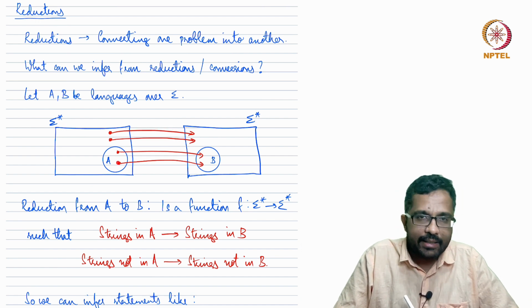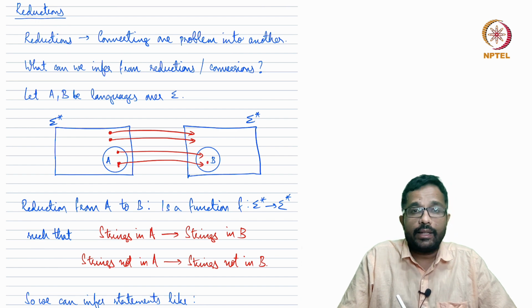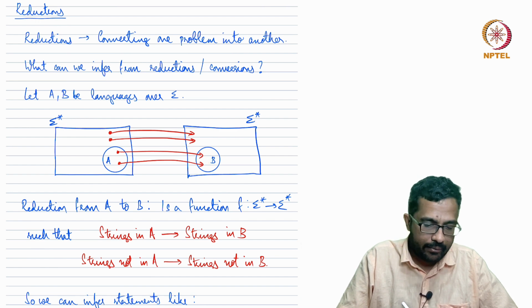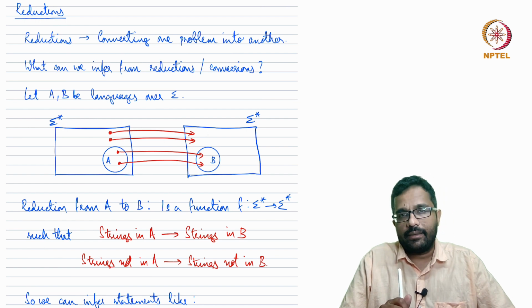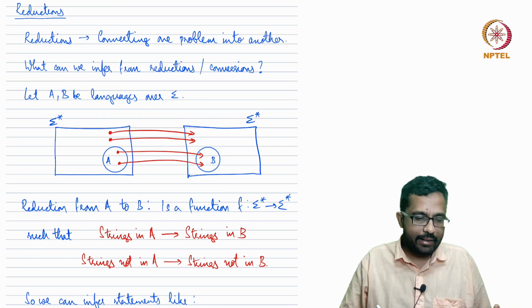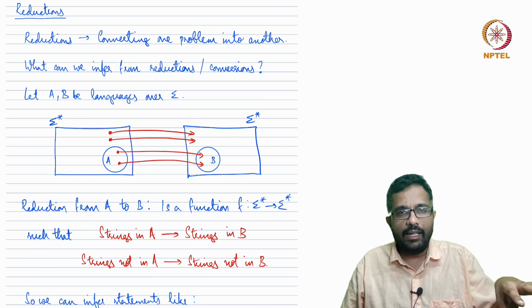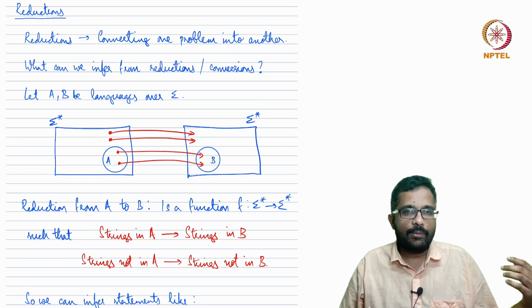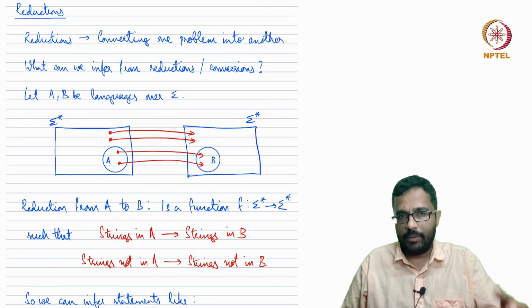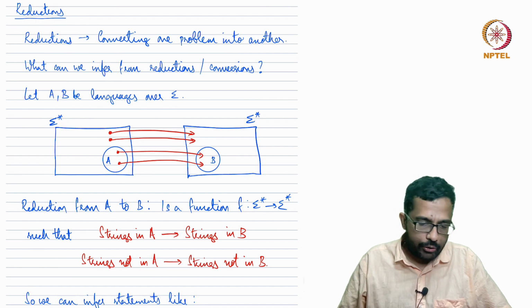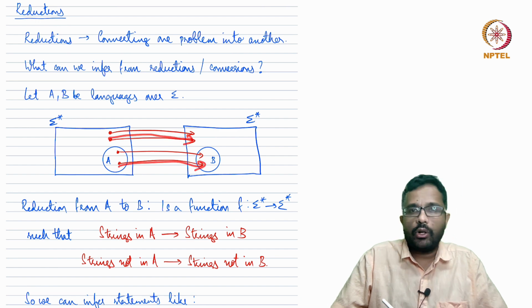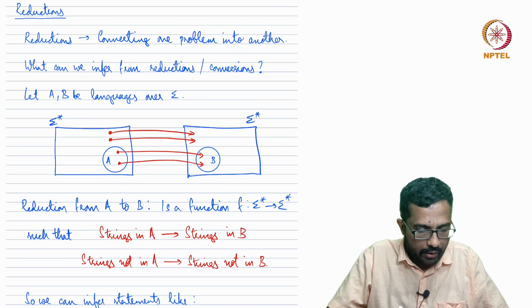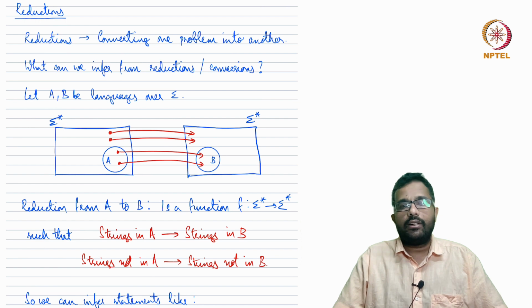A yes instance on the left side is mapped to a yes instance on the right side, and a no instance on the left side is mapped to a no instance on the right side. By yes instance, I mean something in A or B. By no instance, I mean something not in A or B. So we want to map strings in A to strings in B and strings not in A to strings not in B. That is the meaning of a reduction.